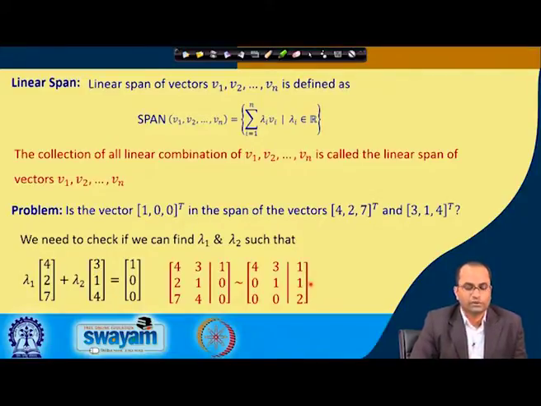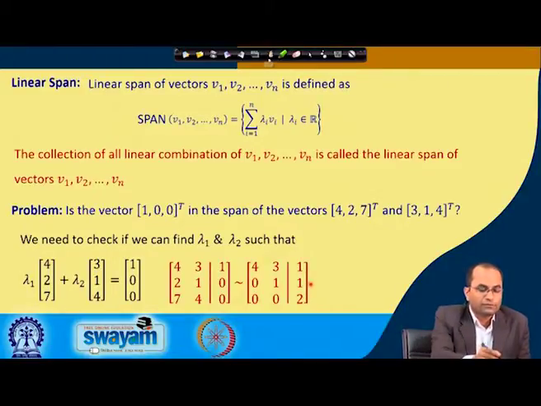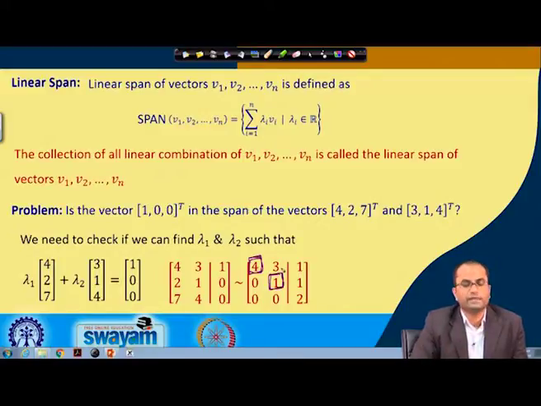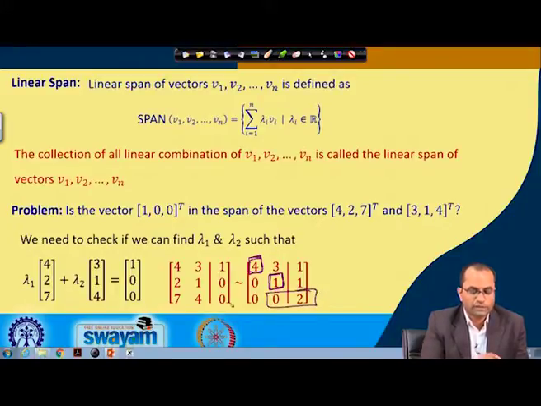This is the row reduced echelon form, and from here we can conclude: the first column has a pivot element, the second column also has a pivot element, but the problem here is with the consistency of the equations. The last equation says that 0 is equal to 2, which is not possible.